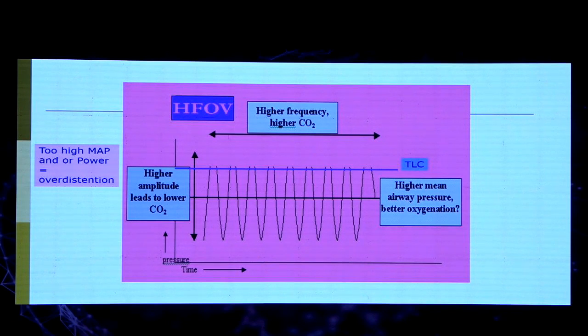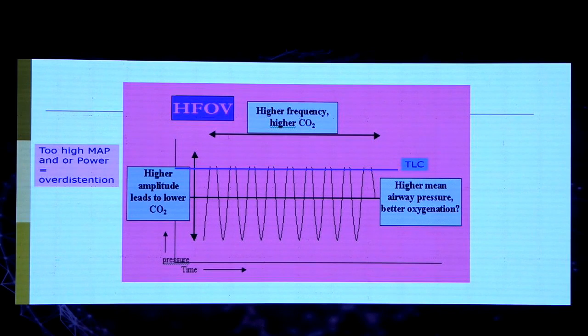At that point, you are not really delivering enough tidal volume because you have a cutoff of the expiratory wave here, and therefore you will start seeing an increase in carbon dioxide that is related to maybe even mean airway pressure. And as well, at that point, because of the overdistension, you may have increased pulmonary vascular resistance and shunting and hypoxia because of using high mean airway pressure.